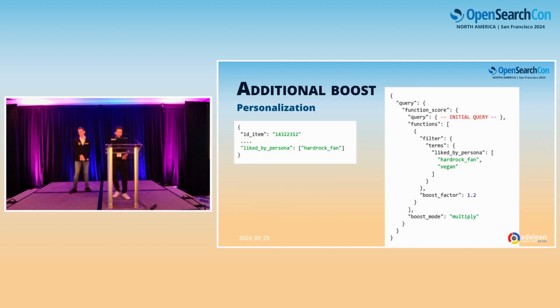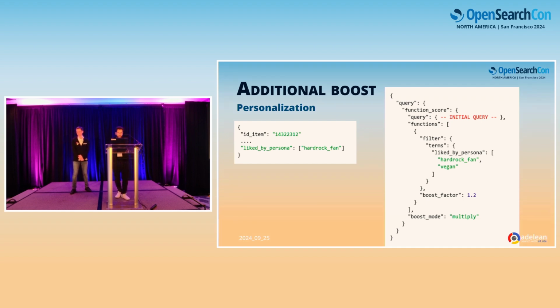So for example, we can have function queries, and we have the users. And in our products, we have an attribute that is liked by persona. So for example, if we are hard rock fans, or if we are vegans, and we also have the user information. So the user is connected, and they have the tag, for example, that they are vegan, or they purchase a lot of vegan products.